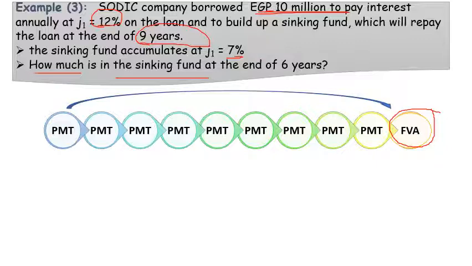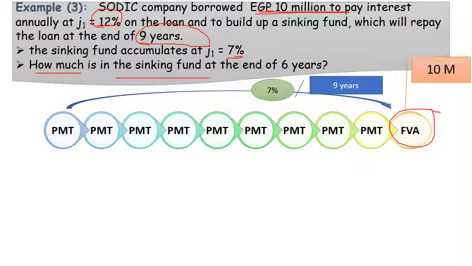So Sodic will set up the sinking fund today, to deposit at the end of each year a certain amount of money to grow at 7% for 9 years to accumulate the amount required, which is 10 million Egyptian pounds.